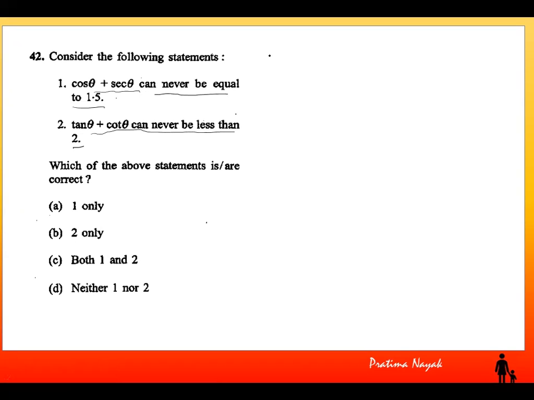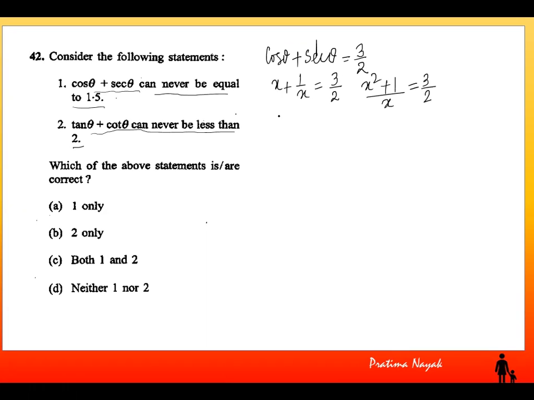So first I am writing cos theta plus sec theta. It cannot be 1.5. Let us take, if it would be 1.5 or 3 by 2, what will happen? Now cos theta is equal to x and sec theta is equal to 1 by x. So x plus 1 by x is equal to 3 by 2.